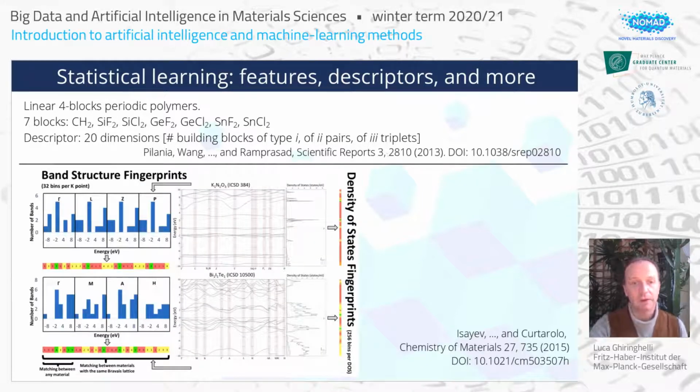Another example is from the group of Stefano Curtarolo, another key player in the field, and what they did was to use the electronic band structure and the electronic density of states as a fingerprint in this way.